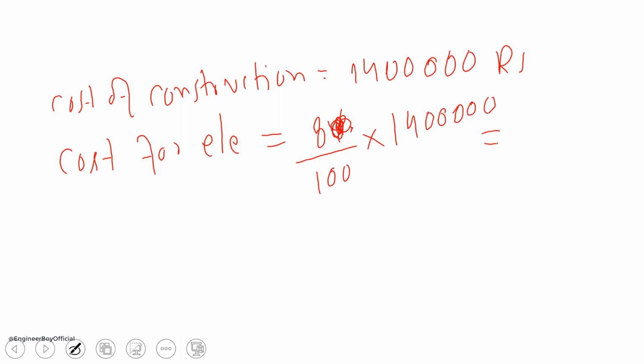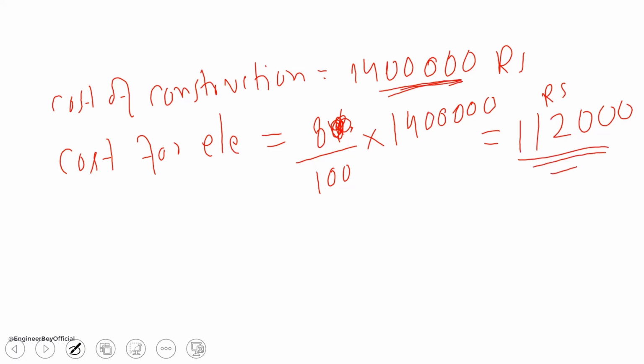So you have to take 8% of the cost, and that is something like 112000, if I'm not wrong. You can also confirm this after the class and then let me know in the WhatsApp group.